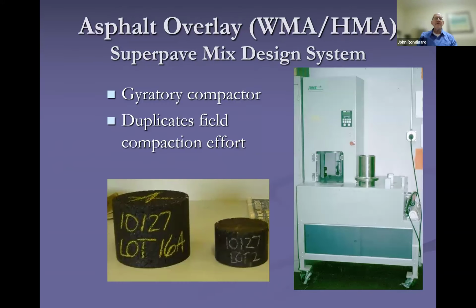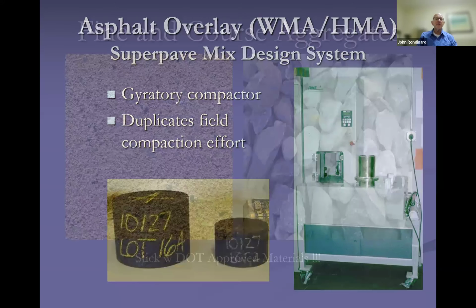And then we've advanced blacktop over the years. In the old days, we used something called Marshall mix. Since the late 90s it has been replaced by the Superpave system. One of the keys here is that it uses a gyratory compactor in mix design, which duplicates our field compaction efforts.